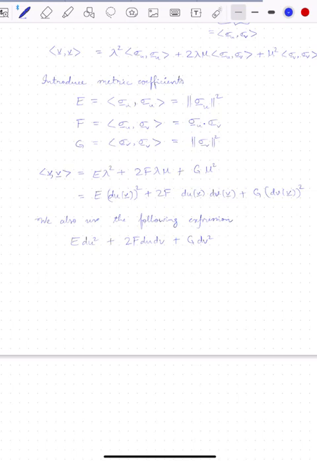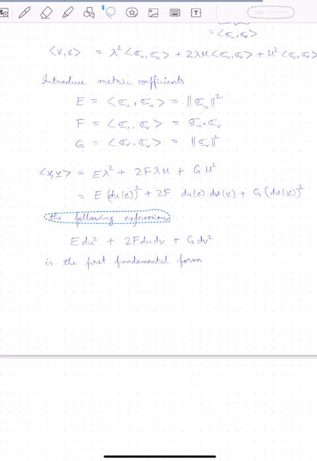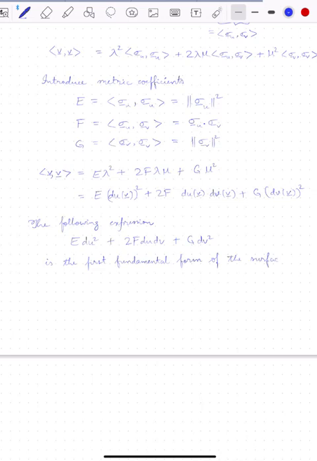And it's the first fundamental form. So you can say the following form is the first fundamental form of the surface patch sigma vector u comma v.